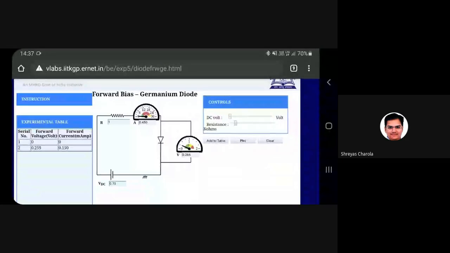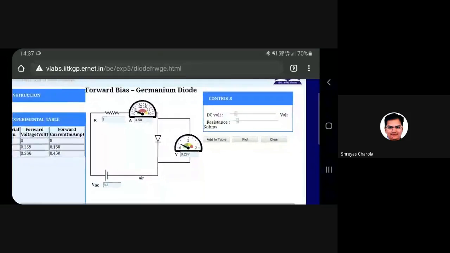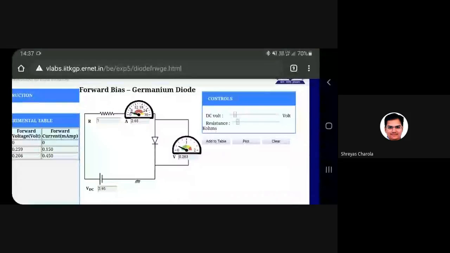So that should be the cutoff voltage. Take few readings and then you can go with the plot.